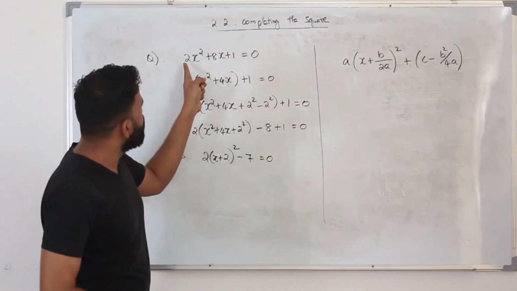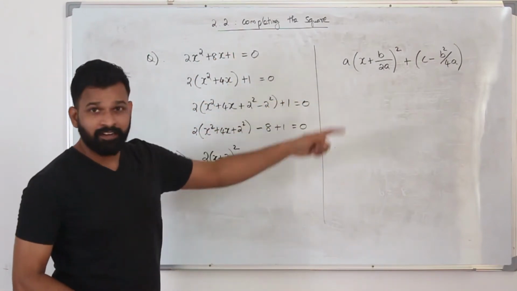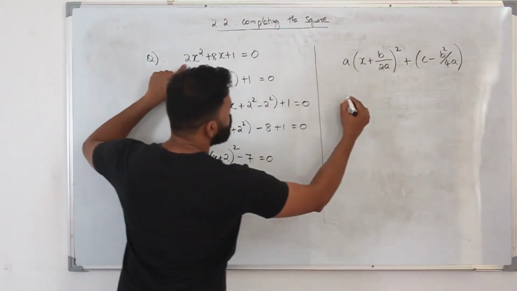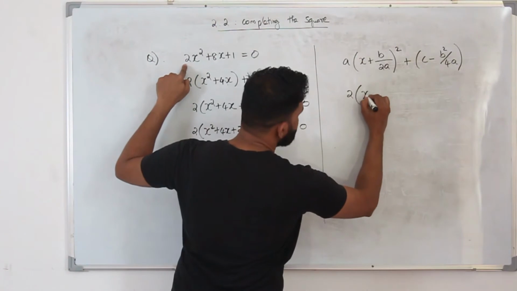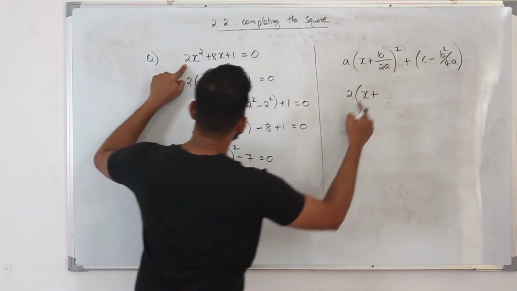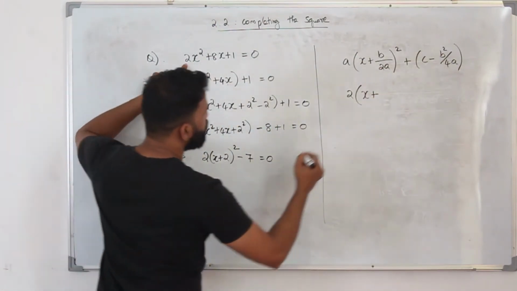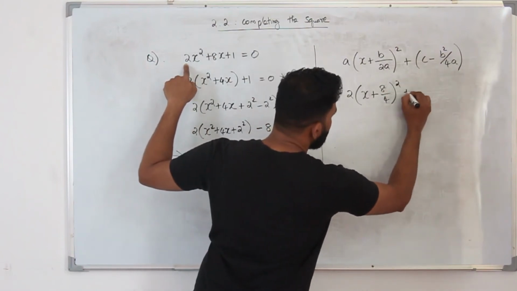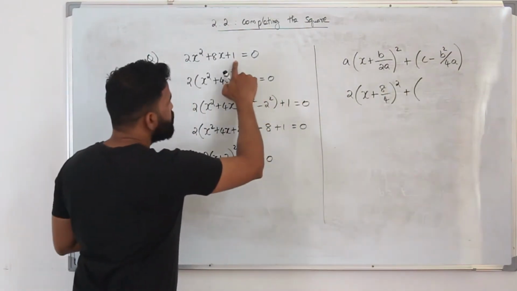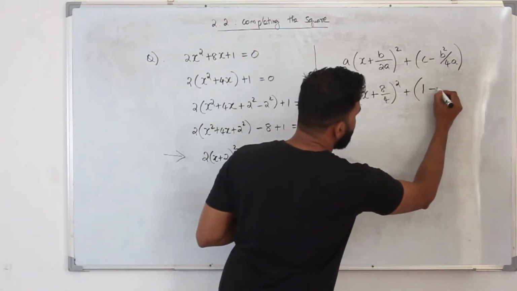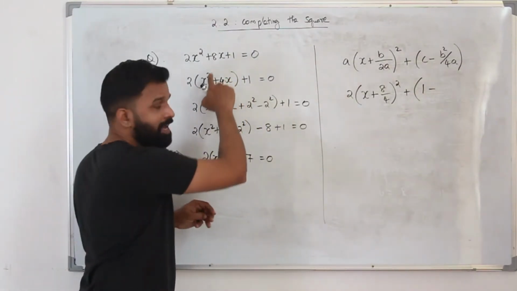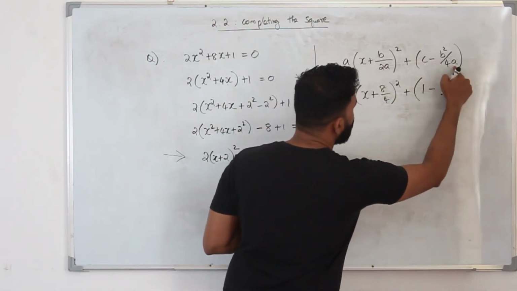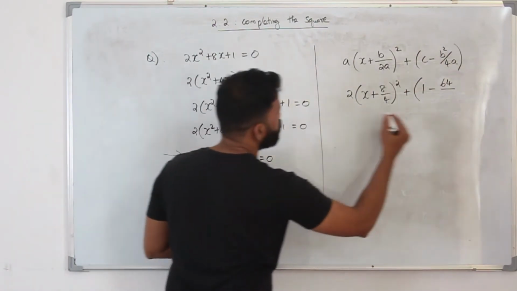Just plug in the values of a, b, c in there, and let's see what we get. A is 2, so 2 times x plus b upon 2a. b is 8, 8 upon 2a is 8 upon 4, whole square. Your c is 1, 1 minus b square. b is 8, so 8 square is 64 upon 4a, 4 times 2, 8.